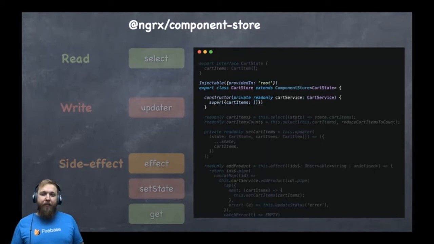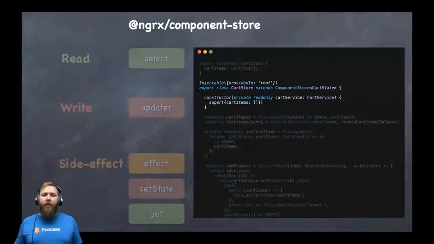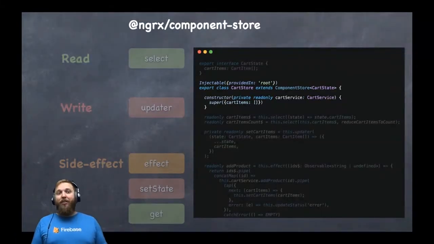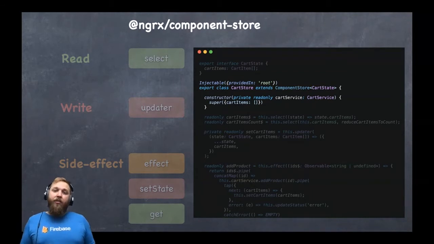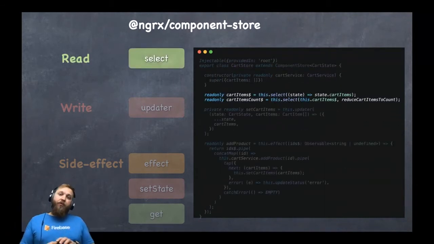All right, and then in here we can also initialize this component store with the initial state. So for example, in this case, I'll just have an empty array. We can do it lazily as well, but this is a simpler example. Great, so now what can we do? How can we read things? Well, to read things, we can select from the store. We can create those selectors.